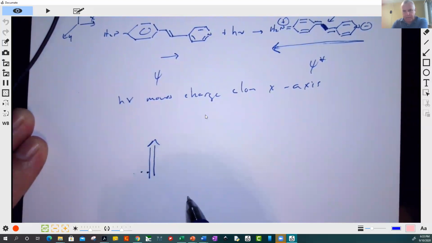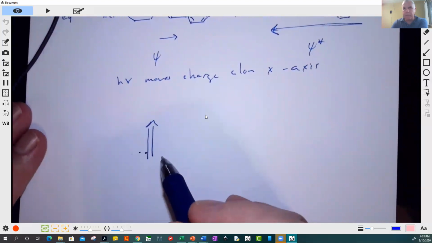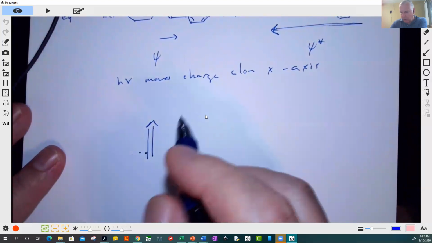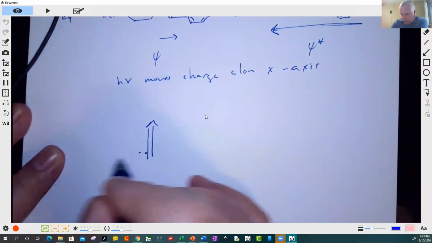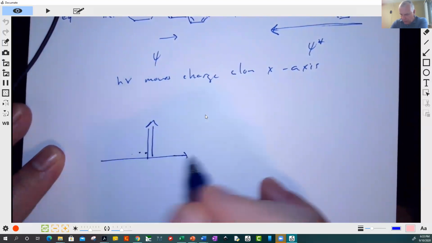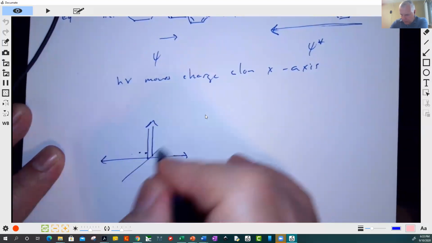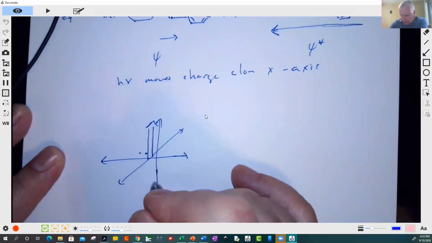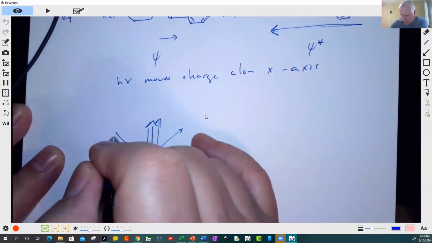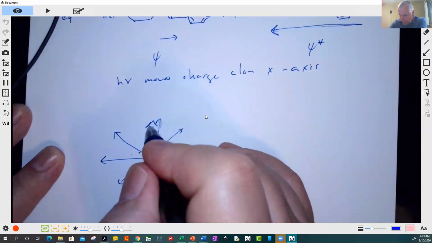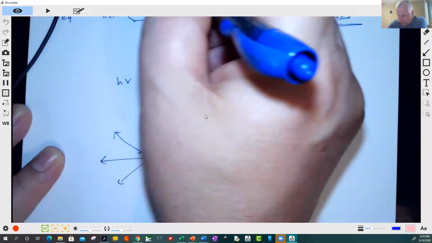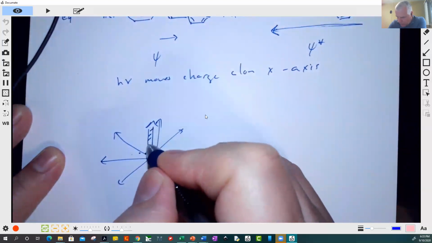But let's think for the moment about linear polarization states of the photon. And so the polarization states of the photon can be like this. It can be like this. They can be like this. And they can be like this, right? So I'm going to have to color this guy in. It's hard to distinguish it there, right?